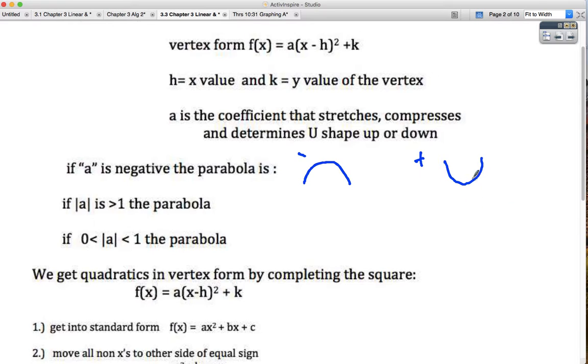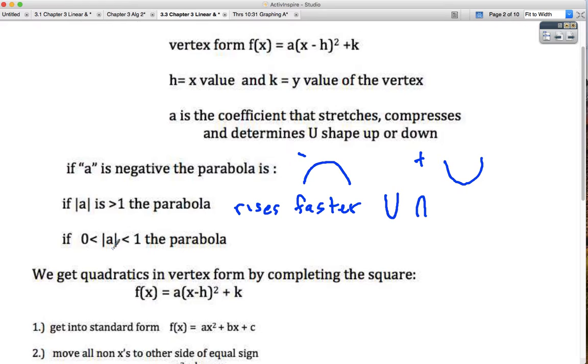So positive, smile, negative, a frown. If the absolute value of A is greater than 1, the parabola rises faster. So what it will do will be a thinner shape, either U-shaped up or U-shaped down.